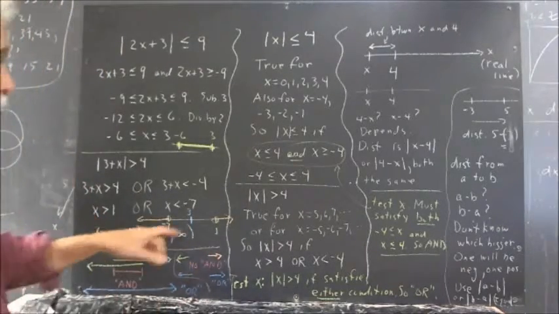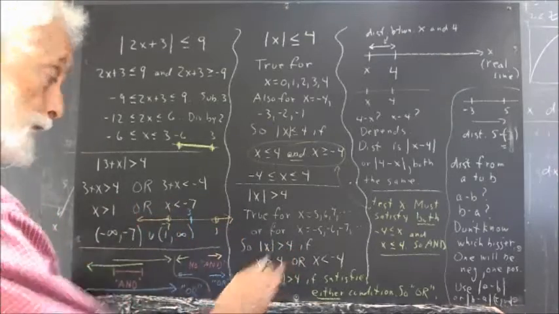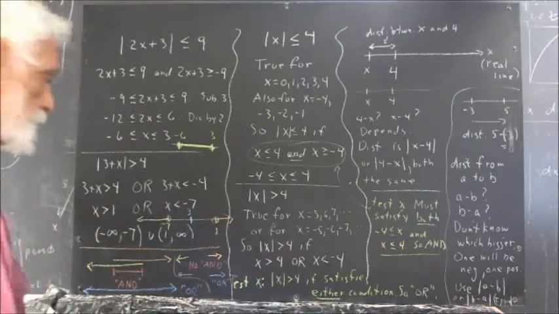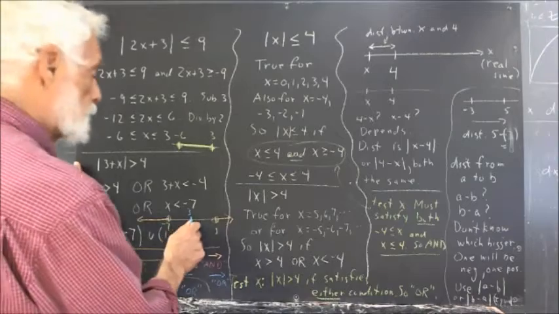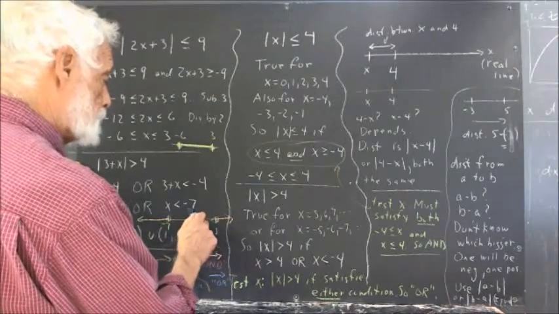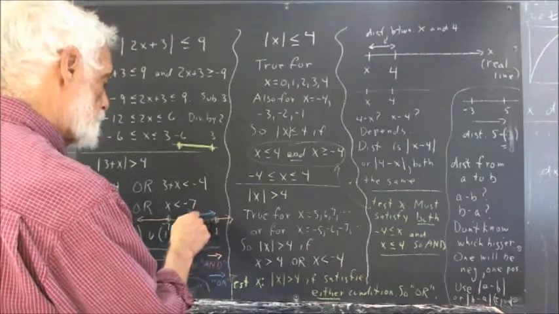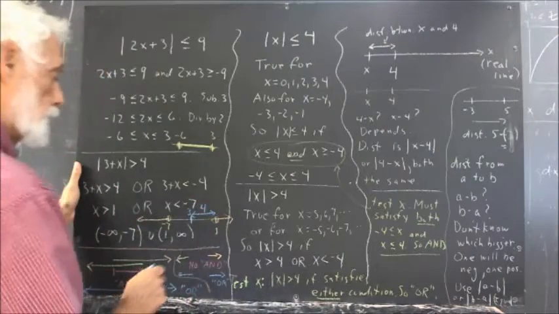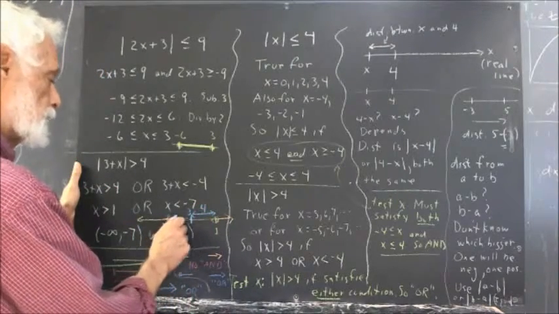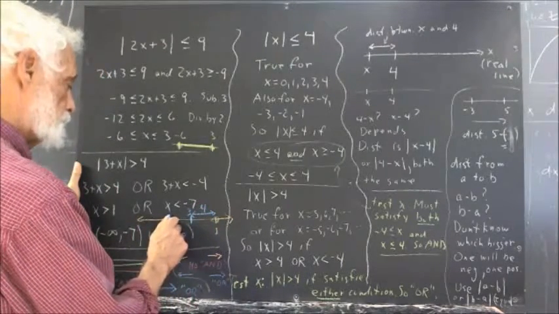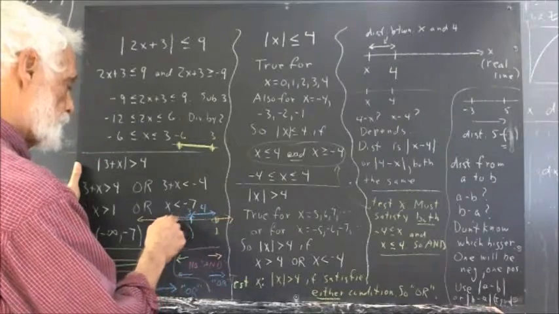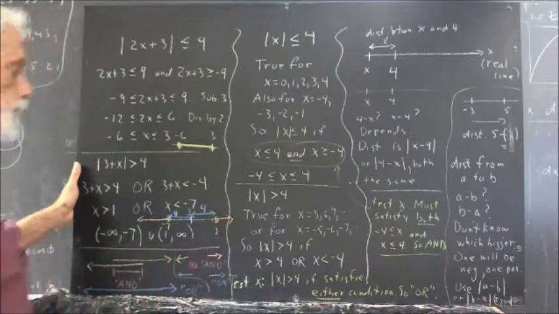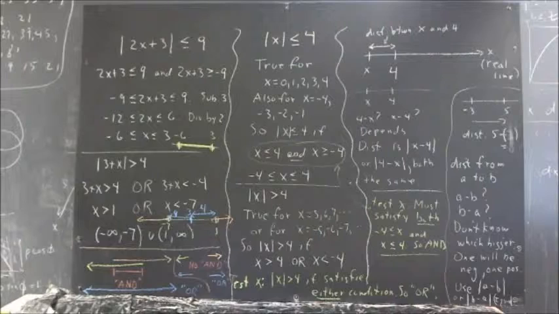So these intervals are in a sense centered at 3. Also, how far is it from 3 to 1? Well, this distance is 4. How far is it from 3 to negative 7? This distance is also 4.